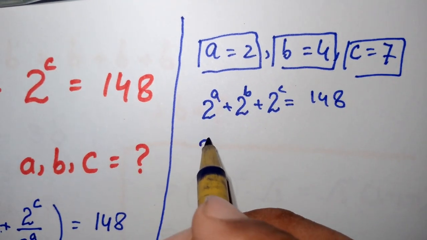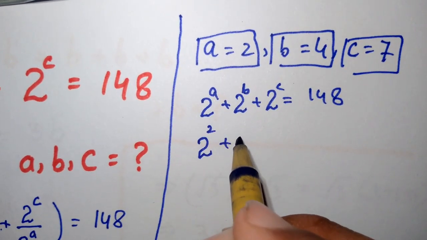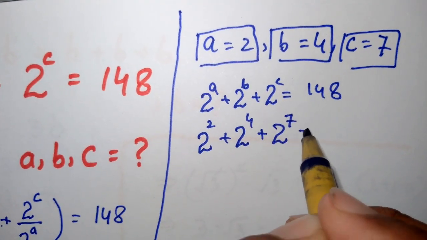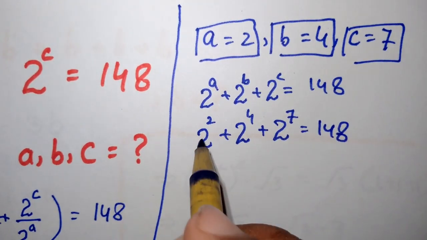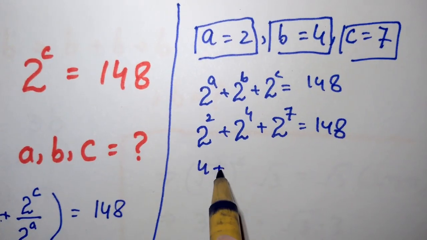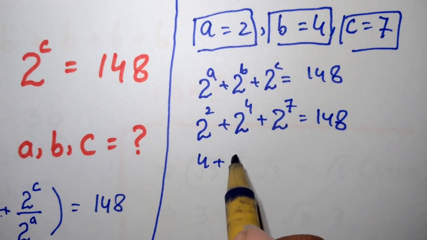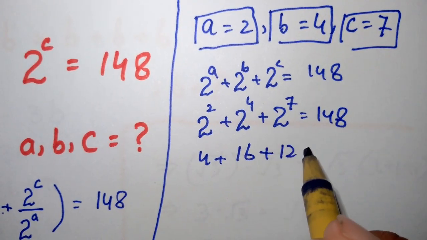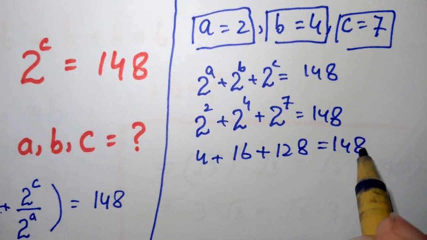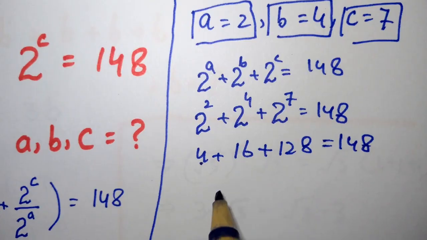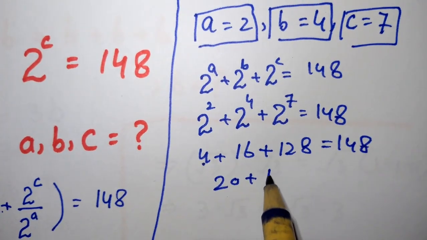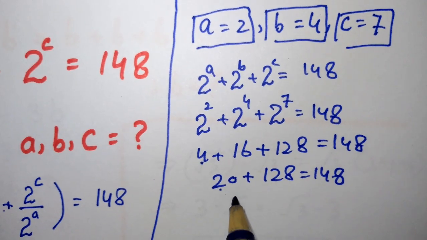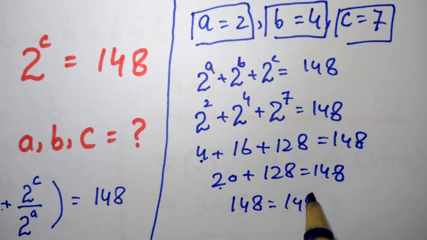This will become 2 to the power of 2 plus 2 to the power of 4 plus 2 to the power of 7 is equal to 148. 2 to the power of 2 is equal to 4, plus 2 to the power of 4 is equal to 16, plus 2 to the power of 7 is equal to 128. Now 4 plus 16 is equal to 20, plus 128 is equal to 148, which is equal to 148.